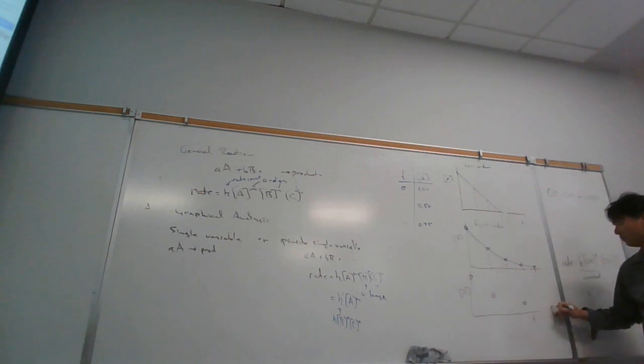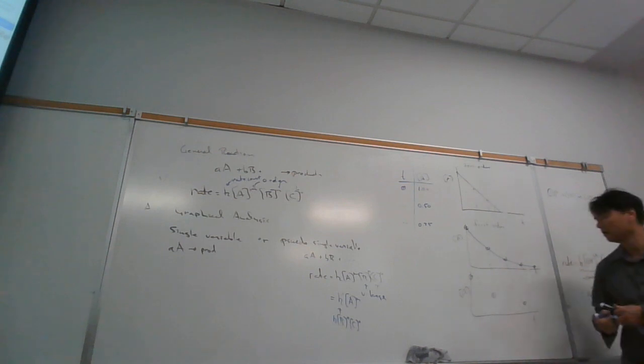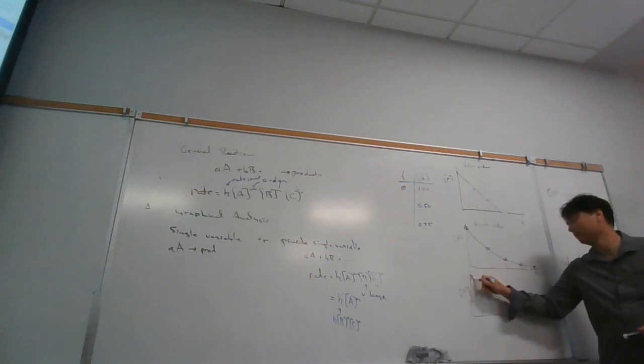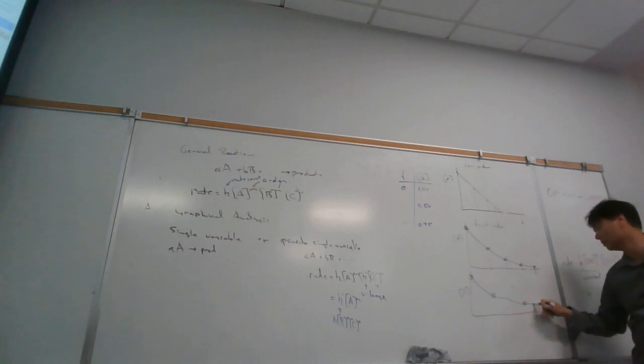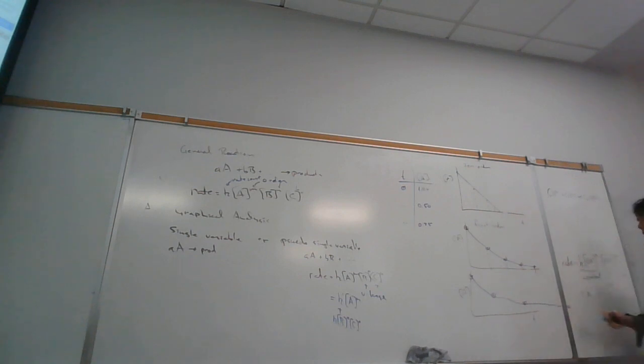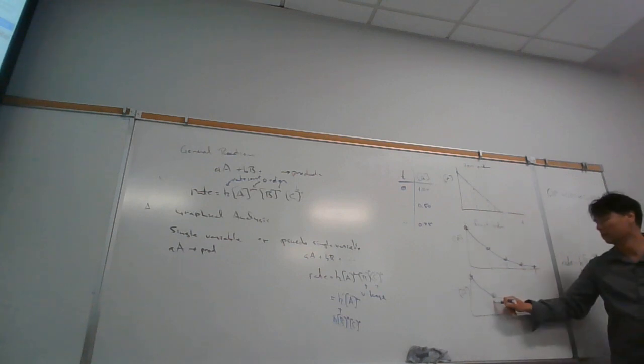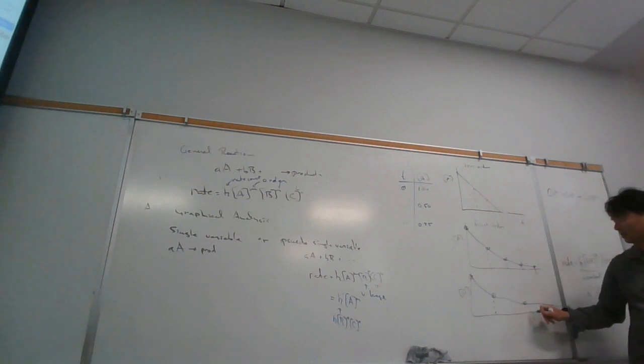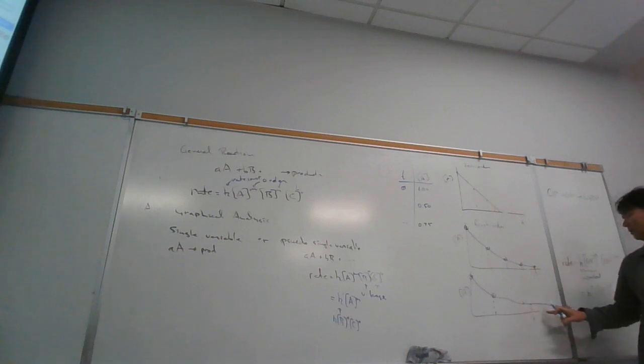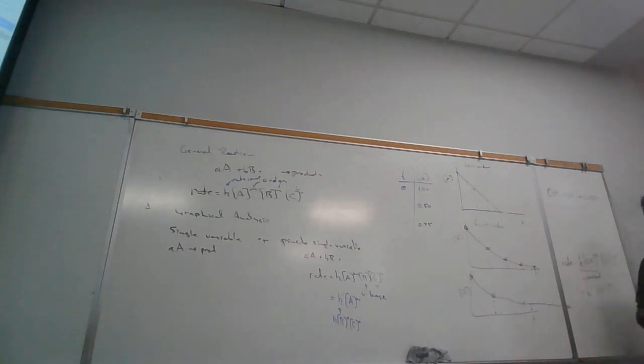And the next half-life would be twice as long as the previous half-life. So it's going to slow down more rapidly. Or here's the first half-life. Second half-life would be twice as long. And the next half-life would be up there, 4 times as long. So second order.